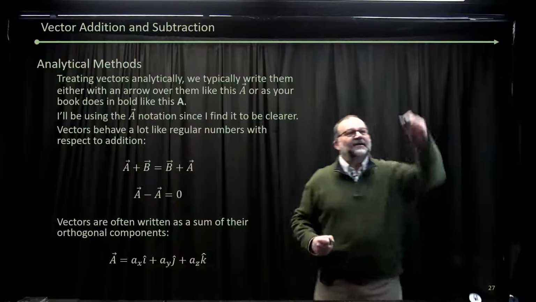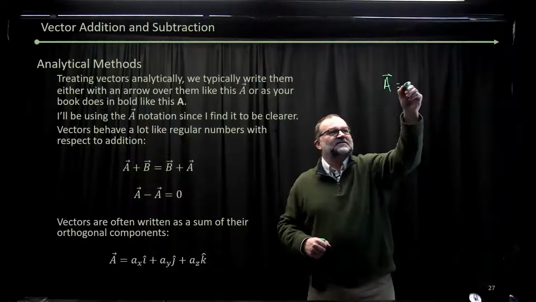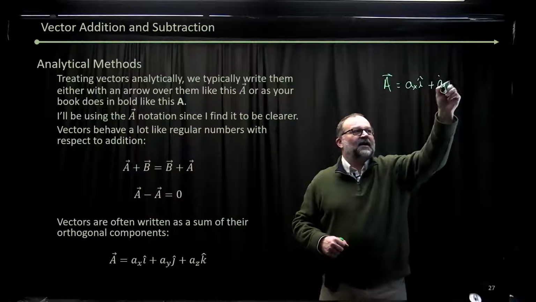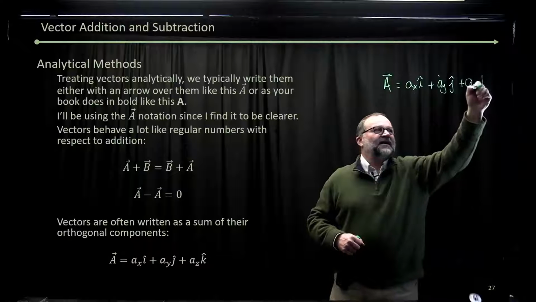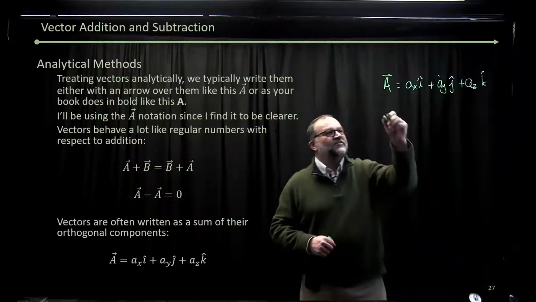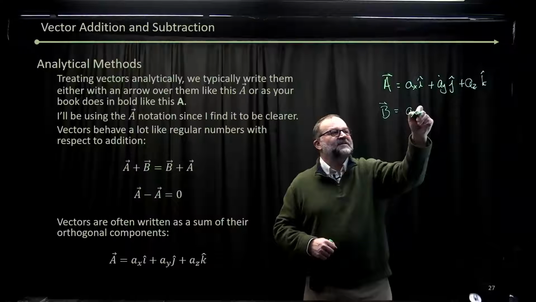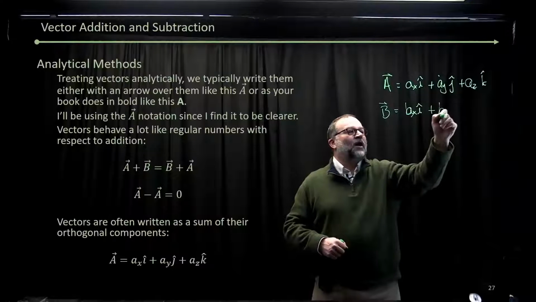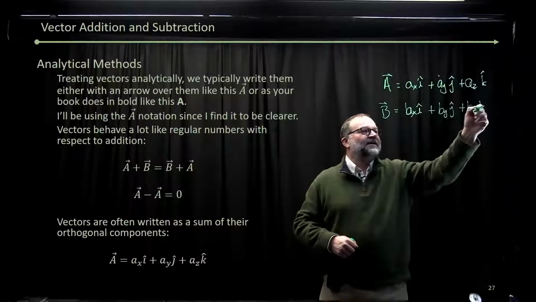And so when you're adding, you've got A is AX i hat plus AY j hat plus AZ k hat, and you've got B is BX i hat plus BY j hat plus BZ k hat.